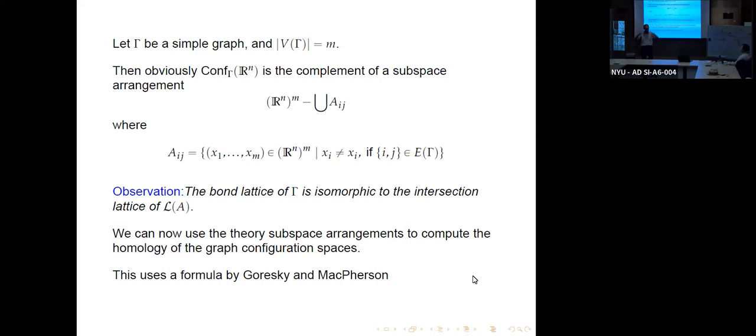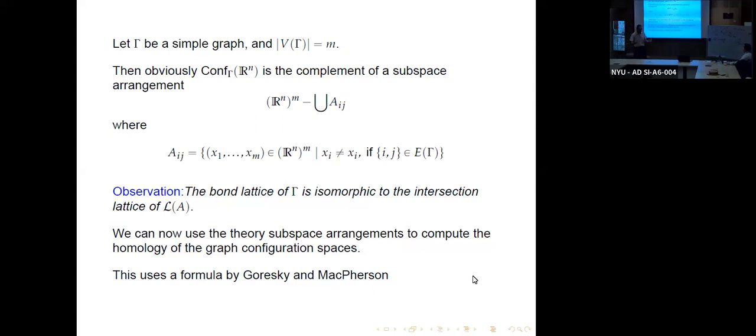We're going back to the whole situation, right? So my graph configuration space in Rn is the same thing as the complement of this arrangement, because I'm saying xi is not equal to xj if ij is an edge. So it's the complement of the subspaces where they are equal. So I realize this as the complement of an arrangement.